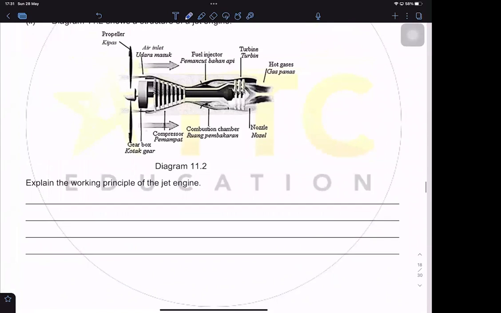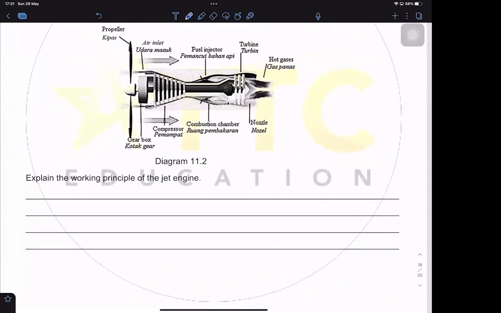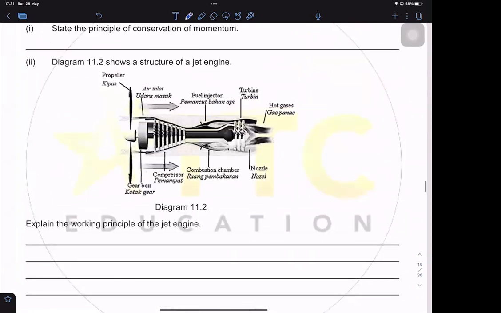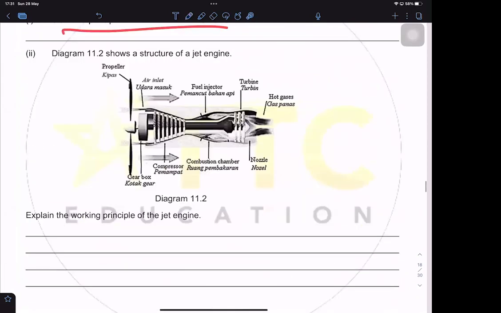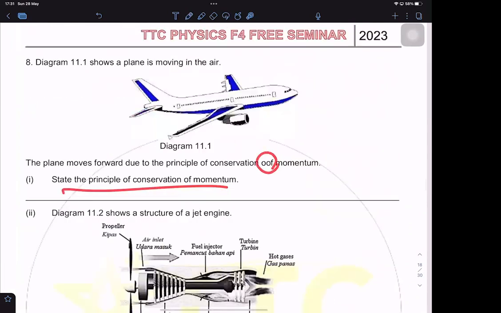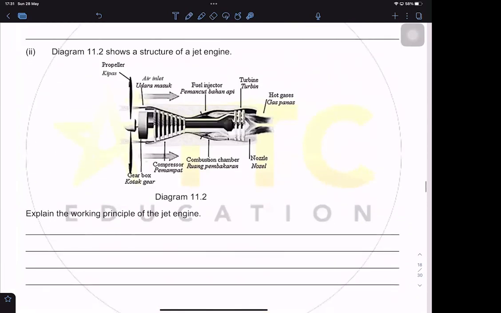Okay, it appears as a subjective question, right? So I'm not going to do the principle of conservation of momentum. Okay, so how does the jet engine work? You need to explain. It's a 3 or 4 marks question using momentum.